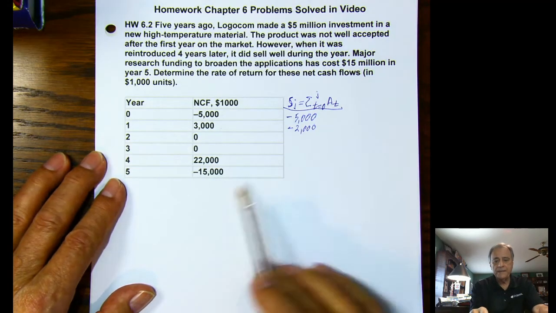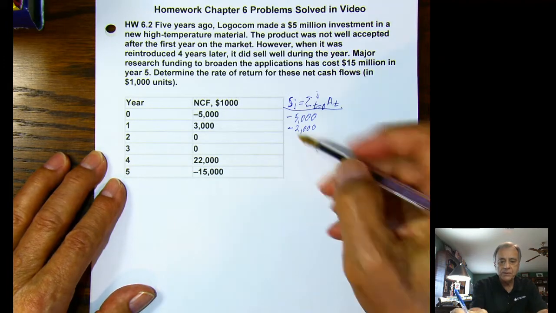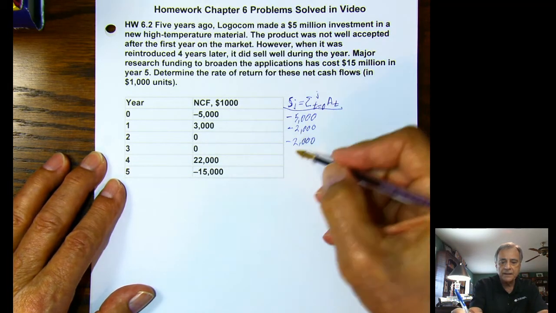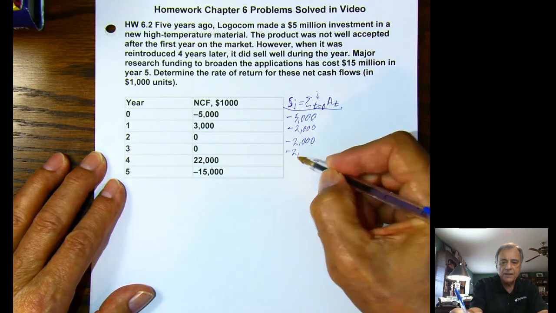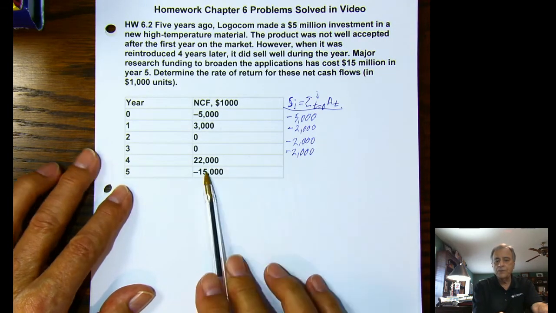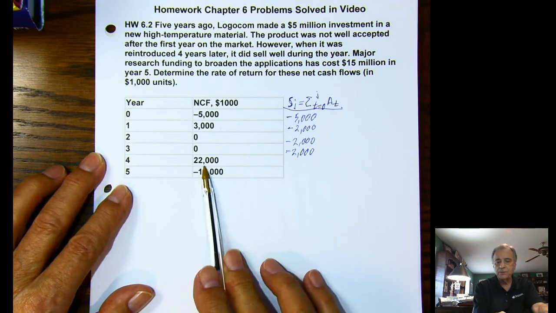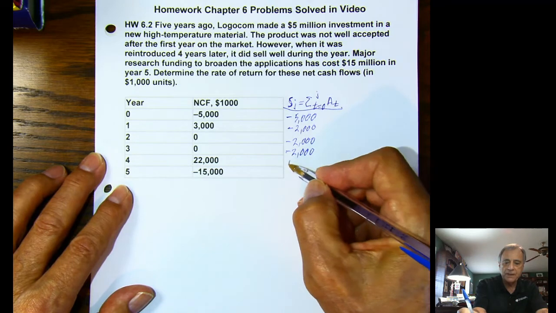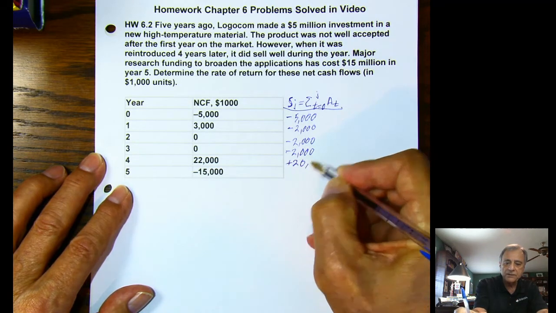And then we add the minus 2,000 to 0, we still end up with minus 2,000, and then again minus 2,000. And then in year 4, we add the minus 2,000 to the plus 22,000, so we end up with plus 20,000.